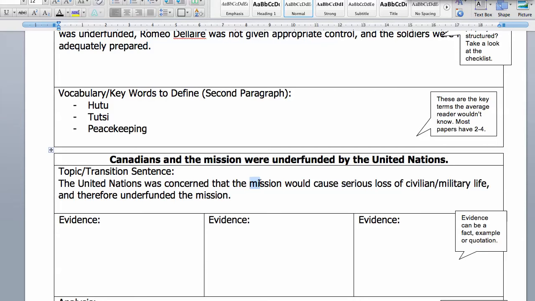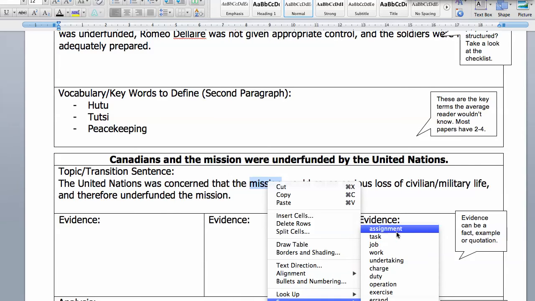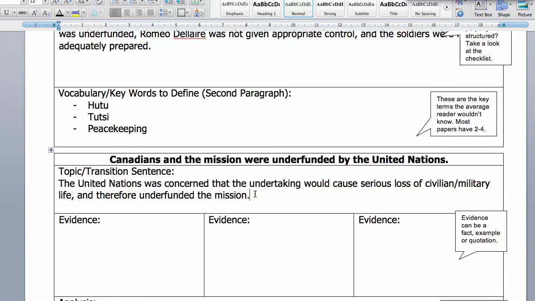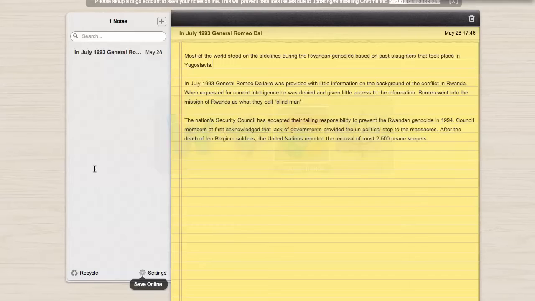Okay, saying mission in one sentence twice isn't great, so I'm actually just going to thesaurus this. The undertaking would cost. Yeah, that works. Okay, now I've hinted what my evidence is already going to be, and I've already gone and pulled it off the internet for the sake of time. And so you can see, here's my first point.